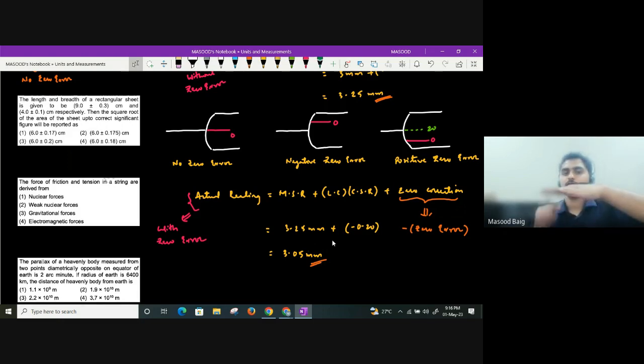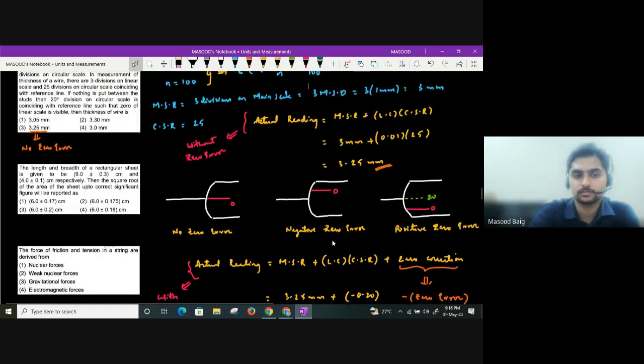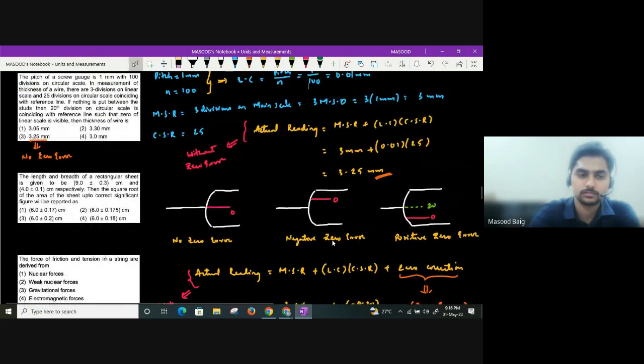Zero is there. 5, 10, 15, 20, 25, 30. Below, what will you have? Below, you'll have 95, 90, 85, 80, something like this. Clear, all of you? Yes or no, everyone? With each division on the circular scale, how much reading will be there? You will have 0.01 mm, guys.